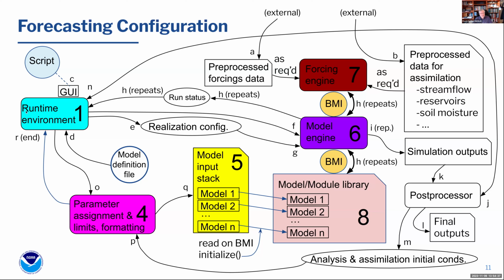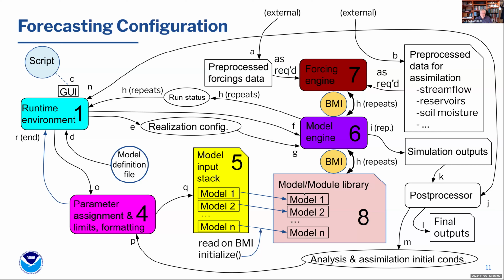The realization config file is written as before. Model engine is run, status reported back. Forcing engine gets forcing data for, say, meteorological forcings and for data assimilation. These are data that come in from somewhere else. It interacts through the BMI with the module libraries.